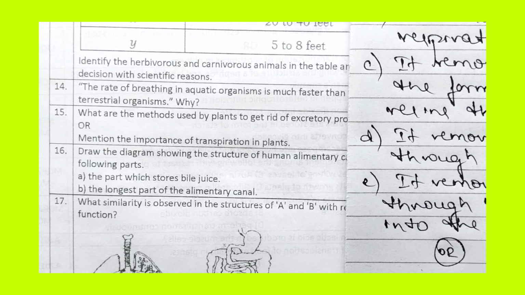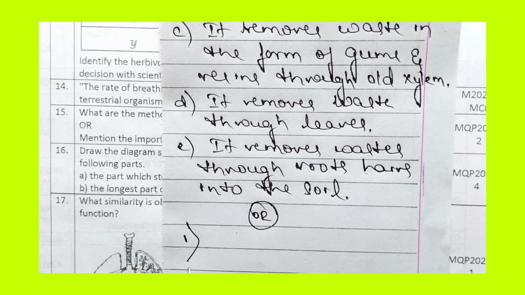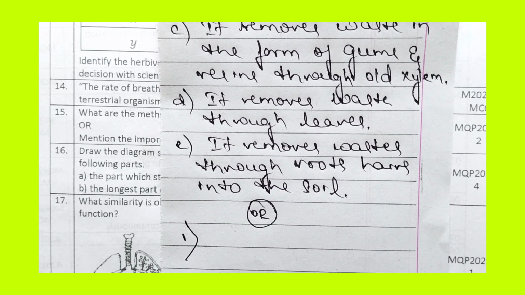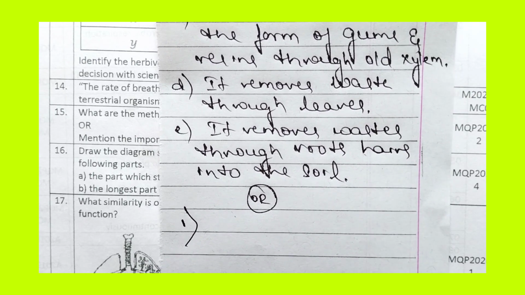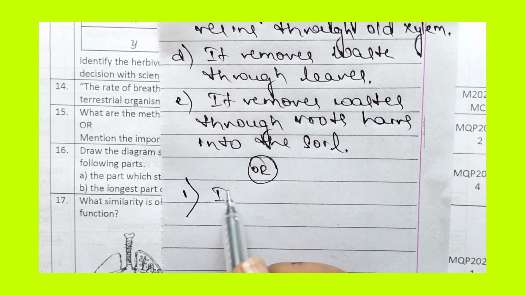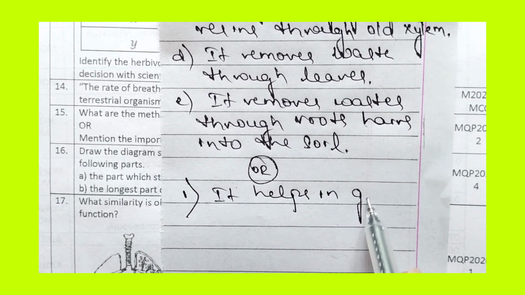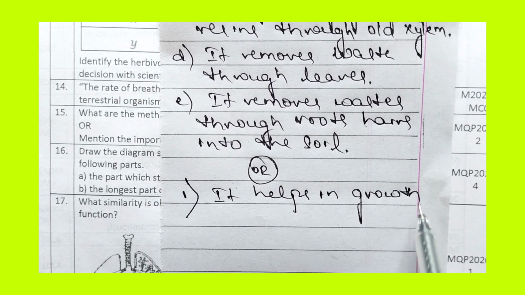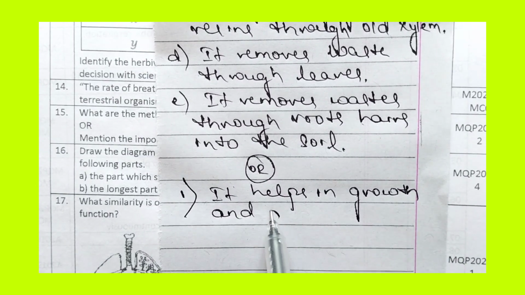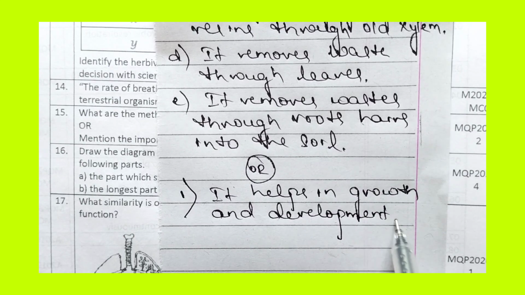What are the advantages that we can see? So the advantages are, the first one is, with the help of transpiration, it helps in growth. It helps in growth and development. First point.